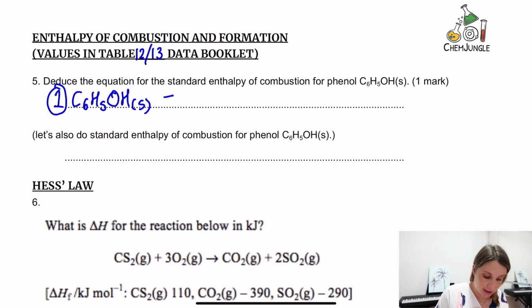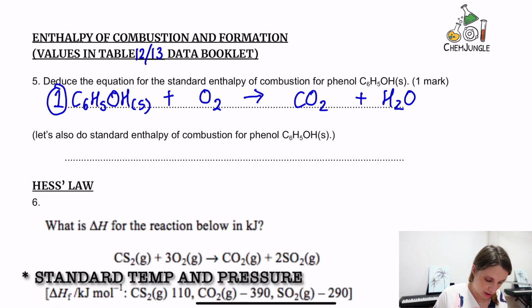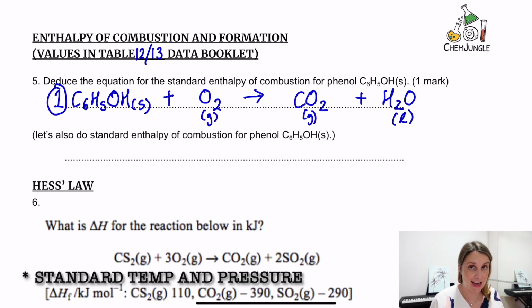So it's burnt in excess oxygen, remembering that oxygen is diatomic, to produce both CO2 and water, which are your products of complete combustion. Now, all of these need to be in their standard states at room temperature. So for oxygen, you should know that's a gas, CO2 also a gas, and then water is a liquid at room temperature and pressure.